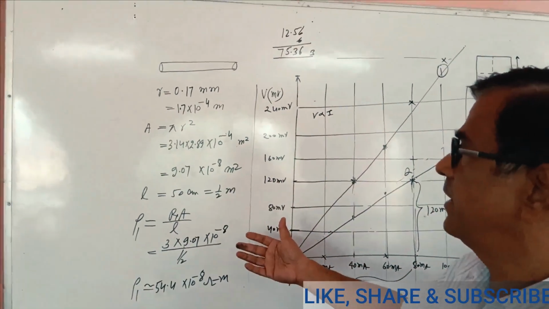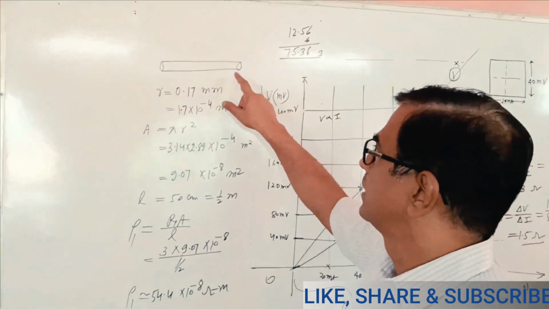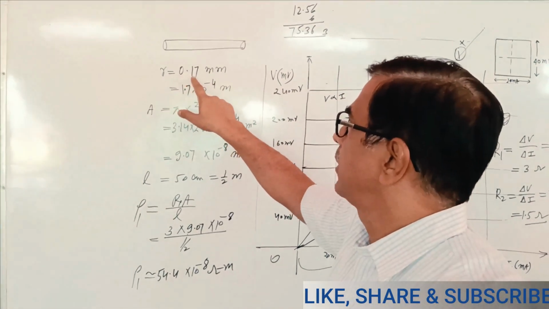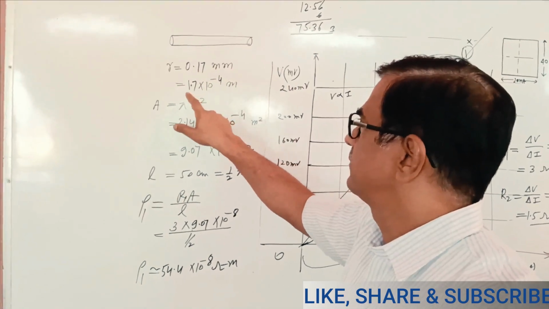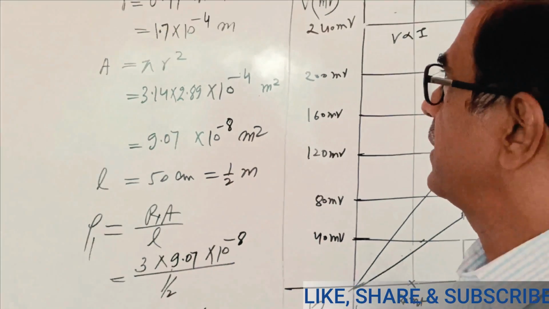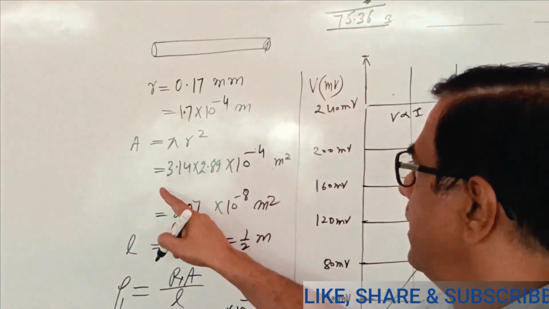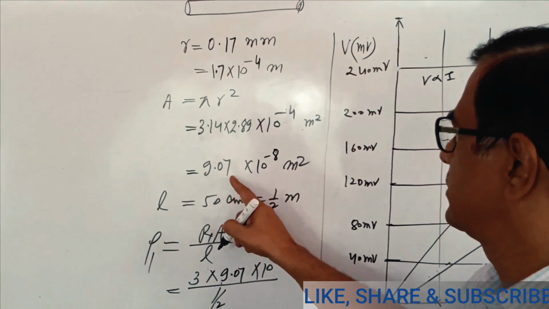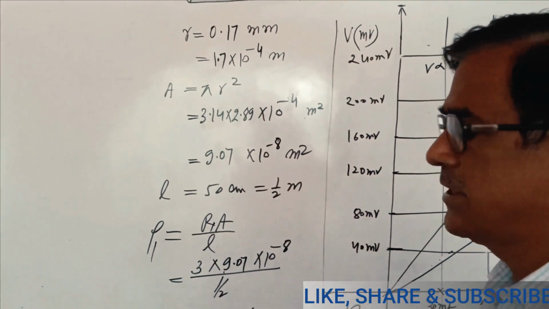To find the resistivity, let's follow more calculations. For this wire, the radius is 0.17 millimeter, that makes 1.7 into 10 power minus 4 meters. The area of cross section of the wire, A, is equal to pi r square. On solving, we get 9.07 into 10 power minus 8 meters square.